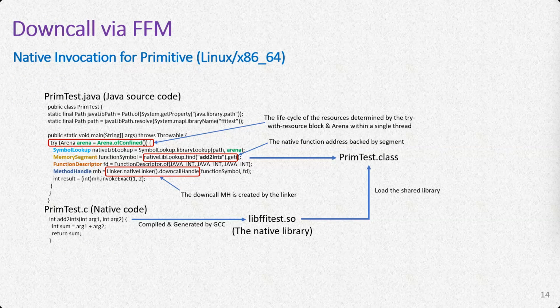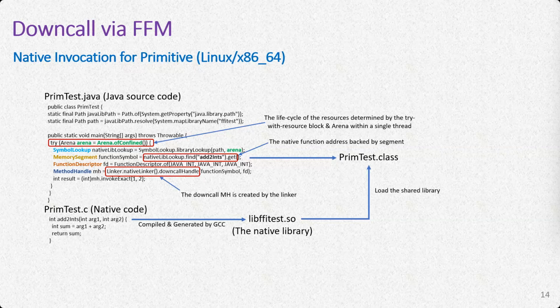So FFM introduced a mechanism, something like resource management automation. What happens is that every single resource in the try block is registered as something to be released by OpenJDK, in which case the cleanup action will be triggered automatically to free all the related memory once the try block is terminated.